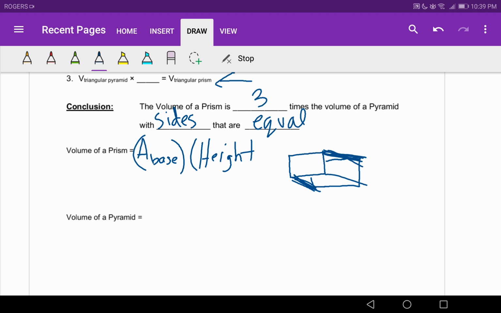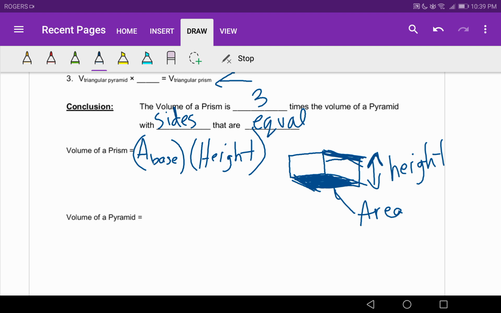Essentially, we take the area of the base, this side that I'm coloring in, and multiply it by the height. Then I will get my volume. I'll be able to figure out how much water it takes to fill that shape up.